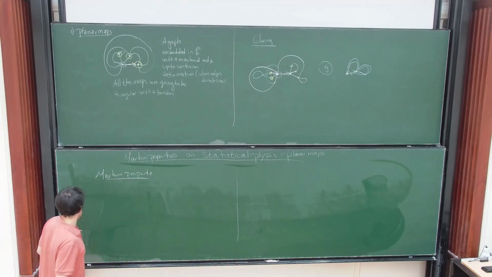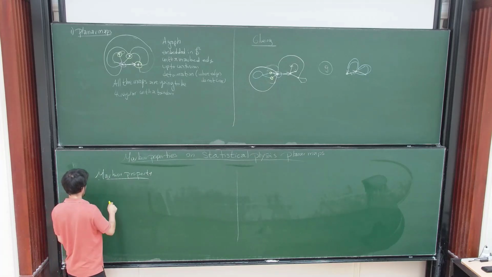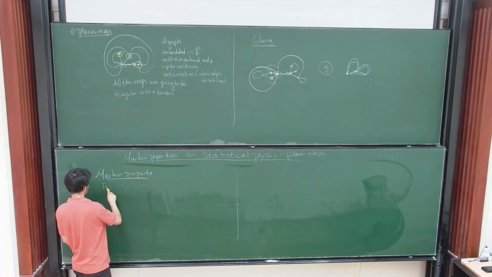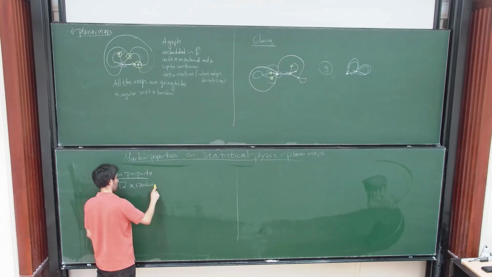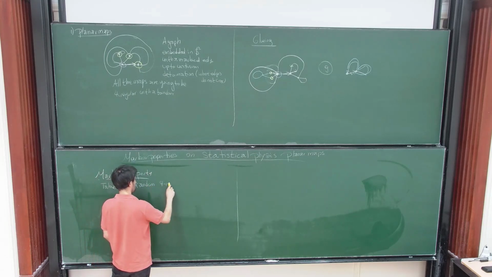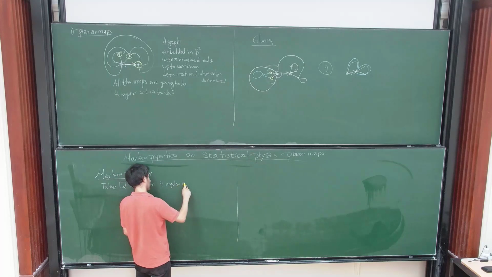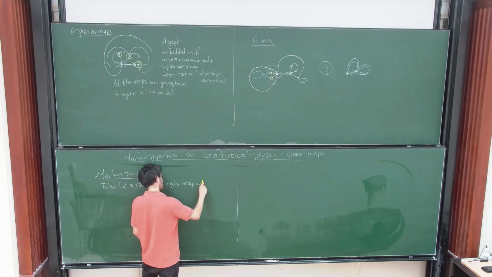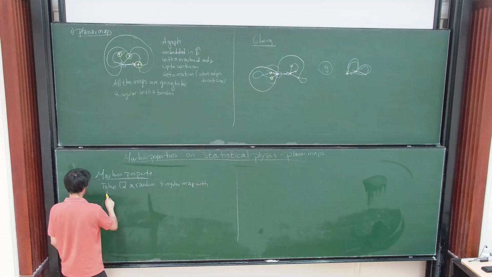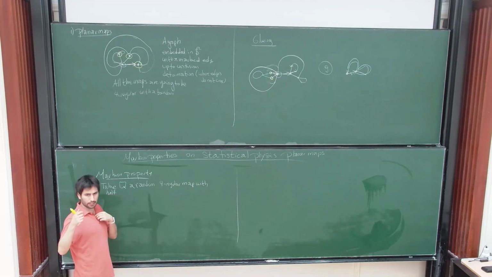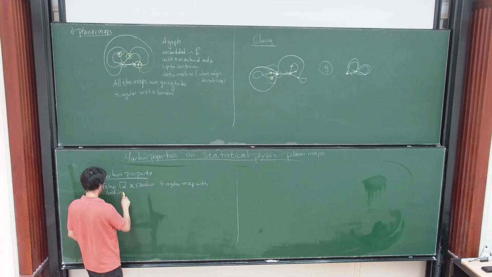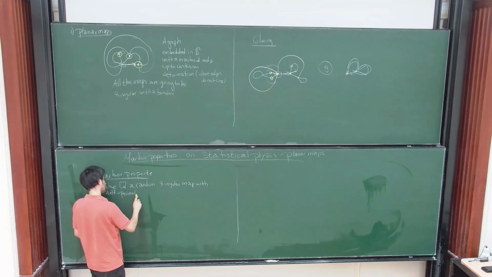So okay, take Q, a random 4-regular map, I still haven't described what it is, with half perimeter n. By half perimeter I mean just how many edges go from the root vertex.